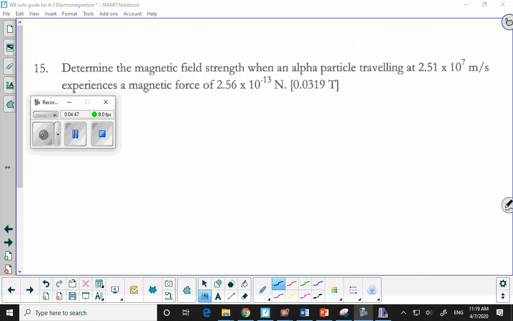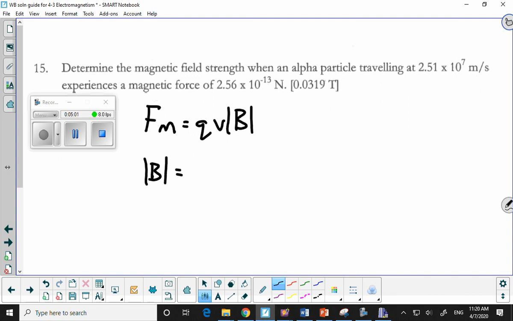So for question number 15, magnetic force for a charged particle, QVB. But we want to solve this for the magnetic field strength, so we divide both sides by Q and V. Don't forget your brackets around that Q and that V, or you may just have some issues.